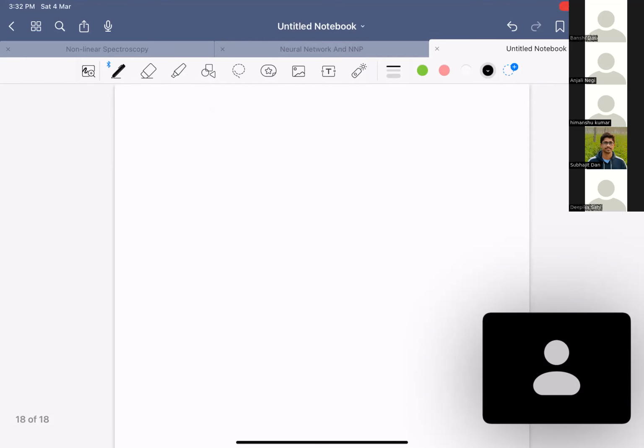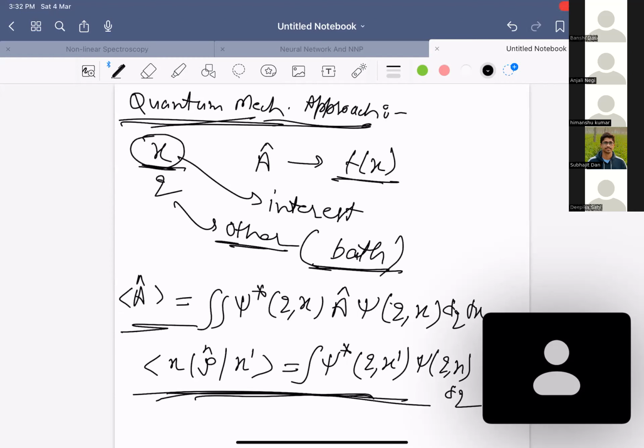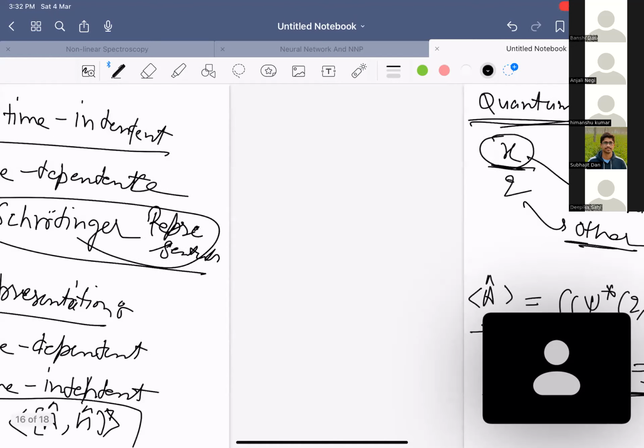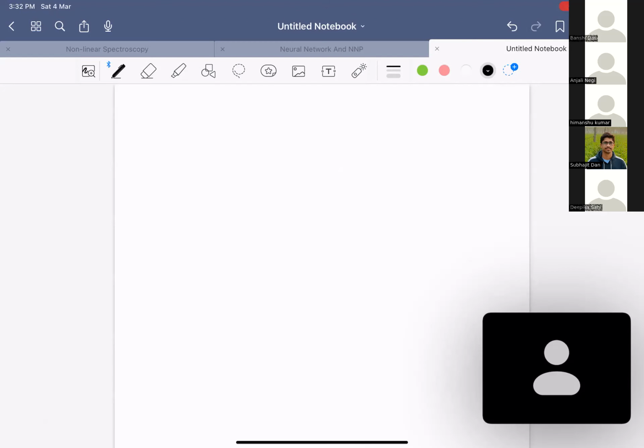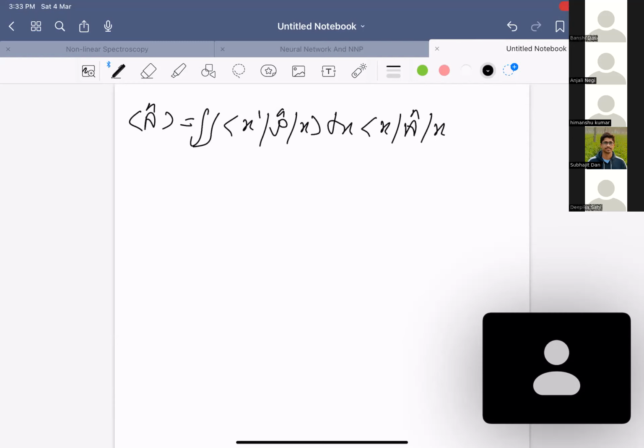And then if we insert this equation into our original equation, say equation number 7, then the expression for A becomes a double integral over x prime, rho of x, dx, putting in the expression for the density matrix, and then the operator A, because it also depends on our x degrees of freedom, x prime.